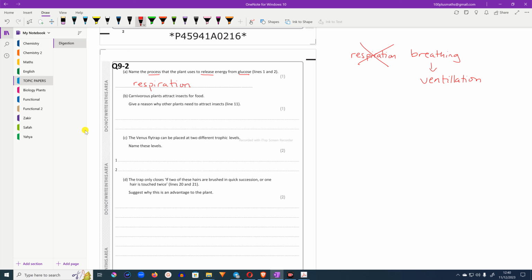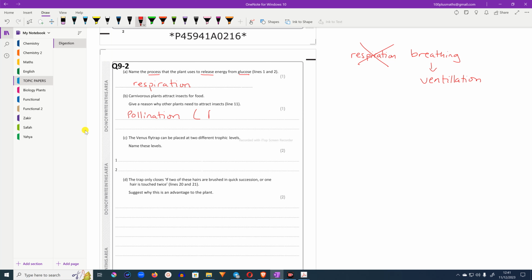Right. A carnivore eats animals. Herbivore eats plants. Carnivorous plants attract insects for food. Give a reason why other plants need to attract insects. It's for pollination.